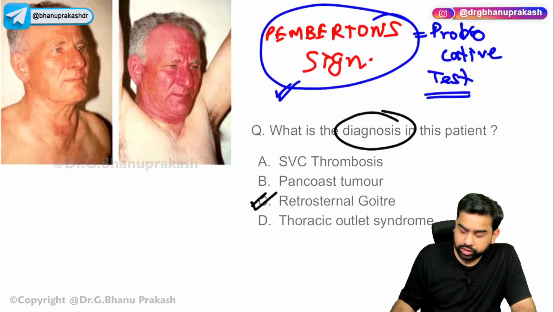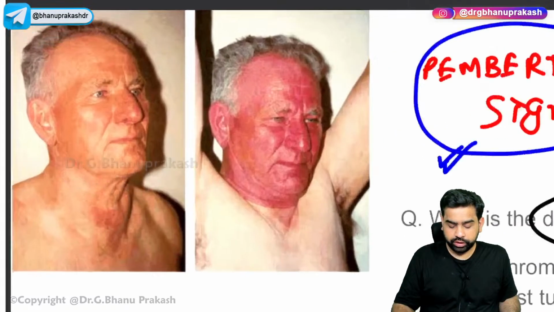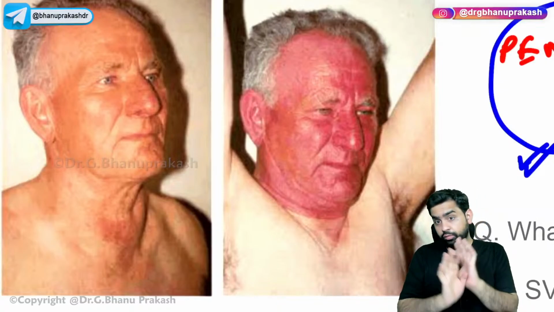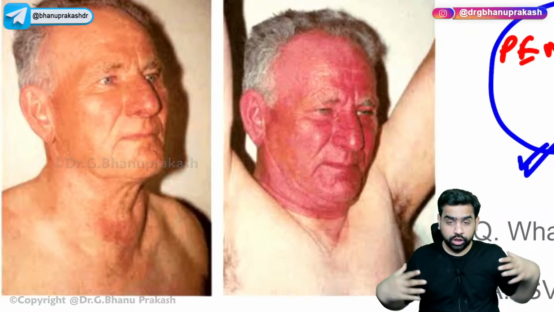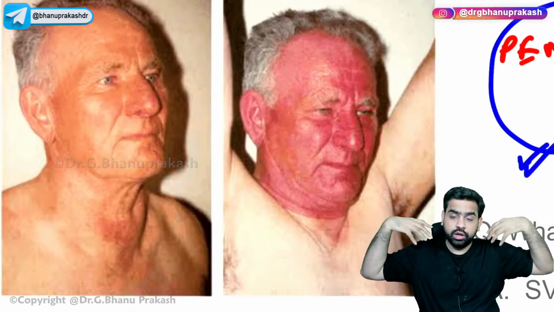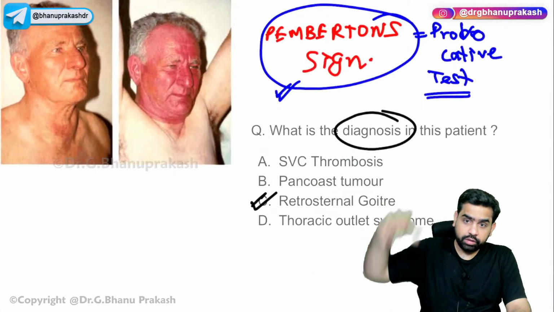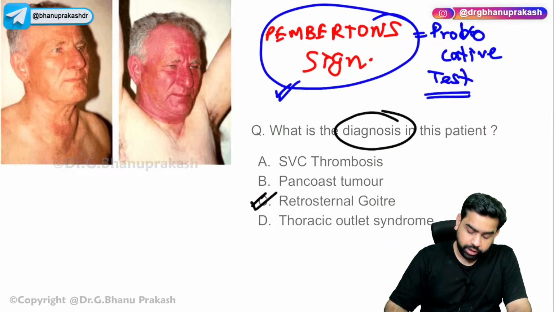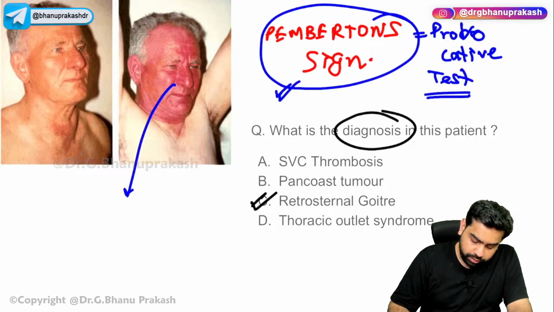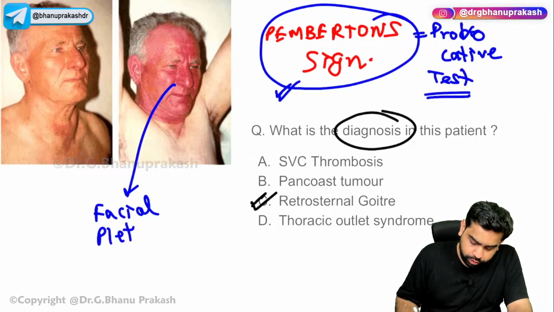What you basically need to understand is, when the patient walks into your clinic, the patient is absolutely fine. The patient is sitting in front of you, absolutely fine. Then you ask the patient to elevate both upper limbs above the ears. When the patient elevates both hands above this part, the patient develops facial plethora.